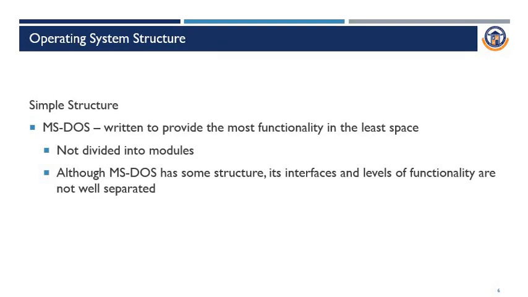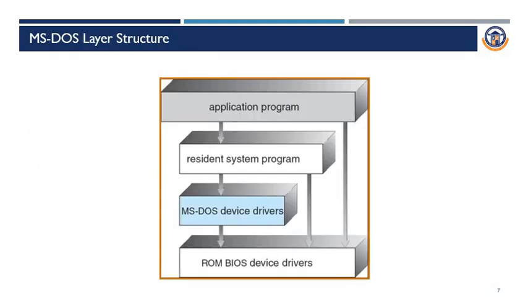MS-DOS is written to provide the most functionality in the least space and is not divided into modules. Although it has some structure, the interfaces and levels of functionality are not well separated. In the MS-DOS layer structure, there are the application programs, system programs, MS-DOS device drivers, and the ROM BIOS device drivers. It is a simple layer structure.